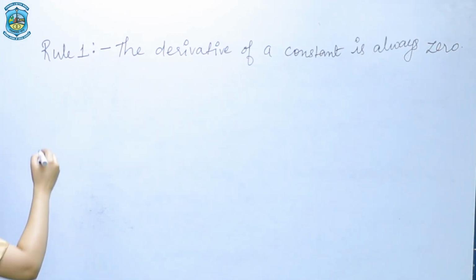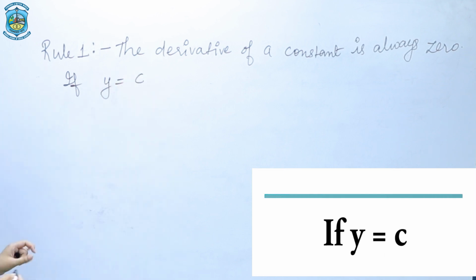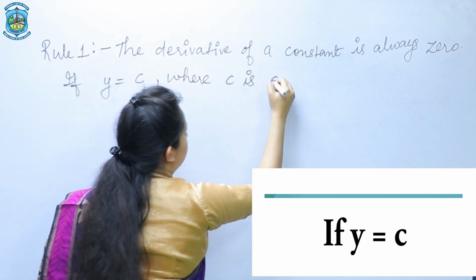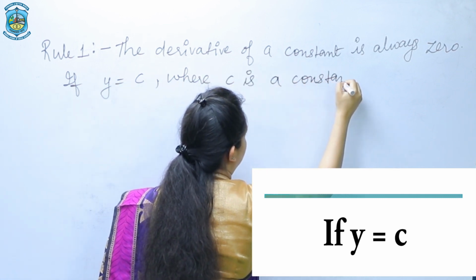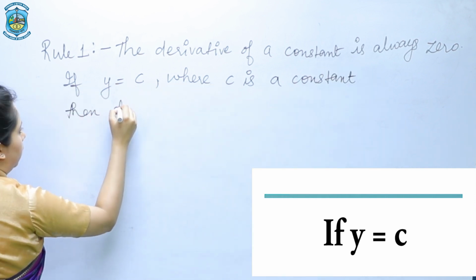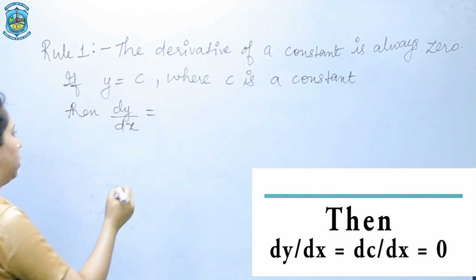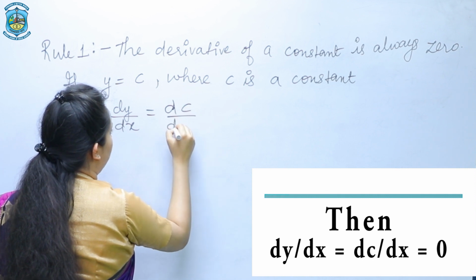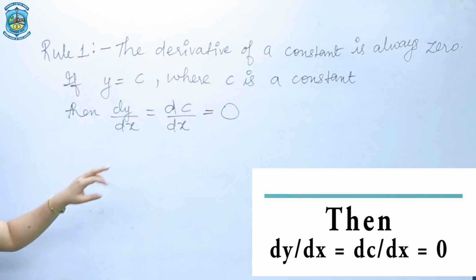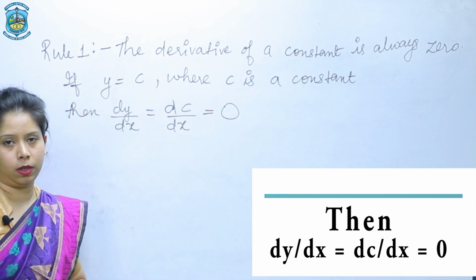That is, if y is equal to c, where c is a constant, then the derivative of y with respect to x will be equal to the derivative of c with respect to x. Here, since c is a constant, the value of the derivative will be 0.